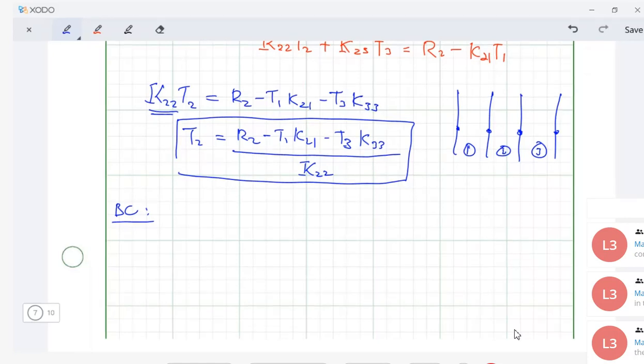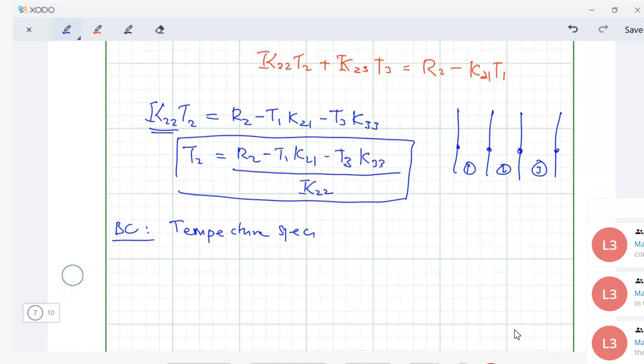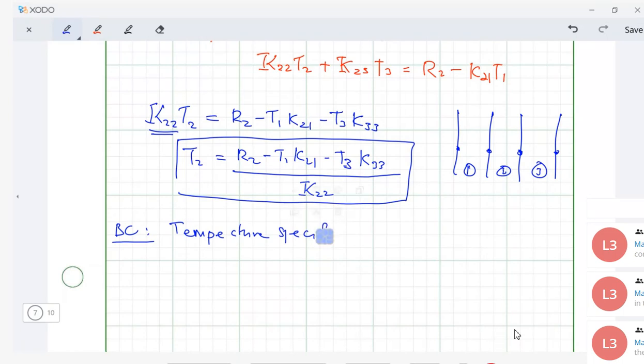So in this case, we know what the T value is.